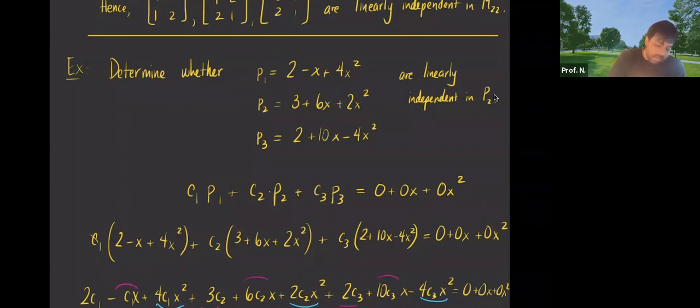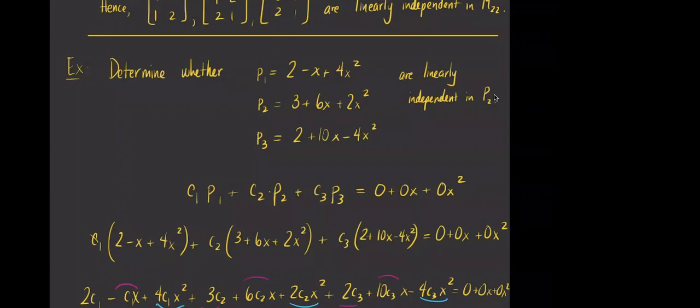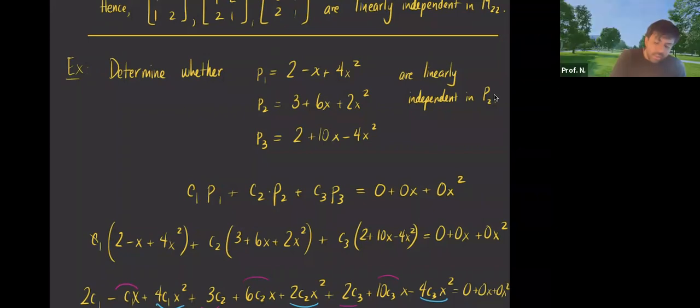So let's see. No, but there is a unique solution, so I have to be wrong. Well, the only thing I brought up was, what are you referring to when you say they? Are you referring to the set of polynomials, or to the set of vectors?